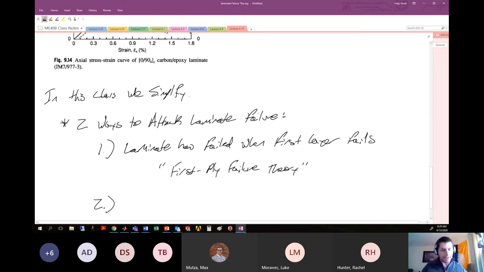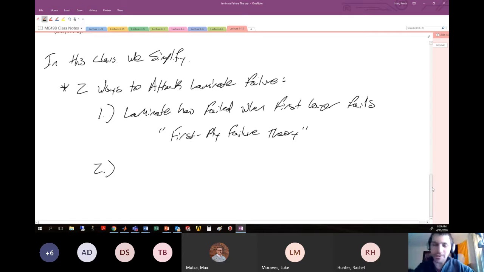The other way to look at laminate failure theory is kind of the complete opposite of that. First ply failure is saying it's going to fail when that first layer fails. Then our ultimate laminate failure theory is going to say that we fail when the last layer fails. Laminate has failed.